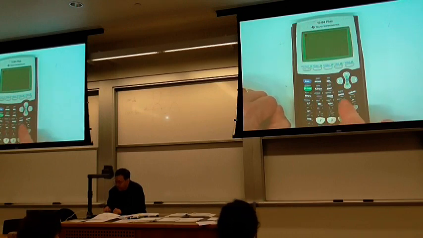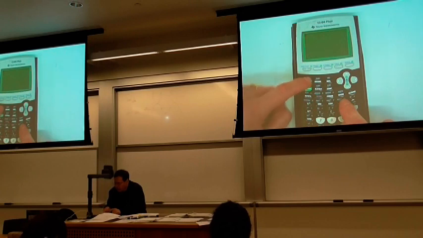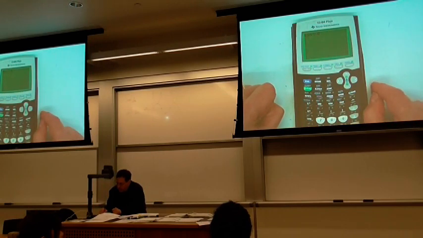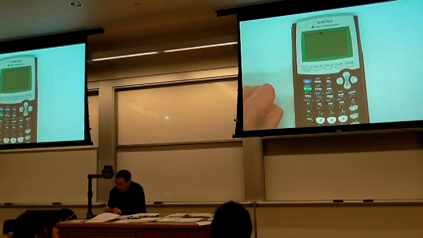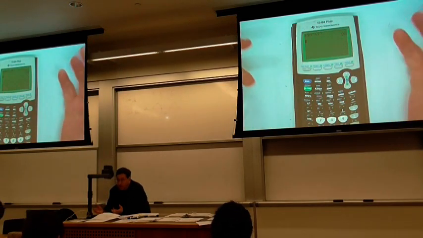Again, inverse, not reciprocal. So if I say second sine, and I say 1, it's going to tell me 90 degrees.